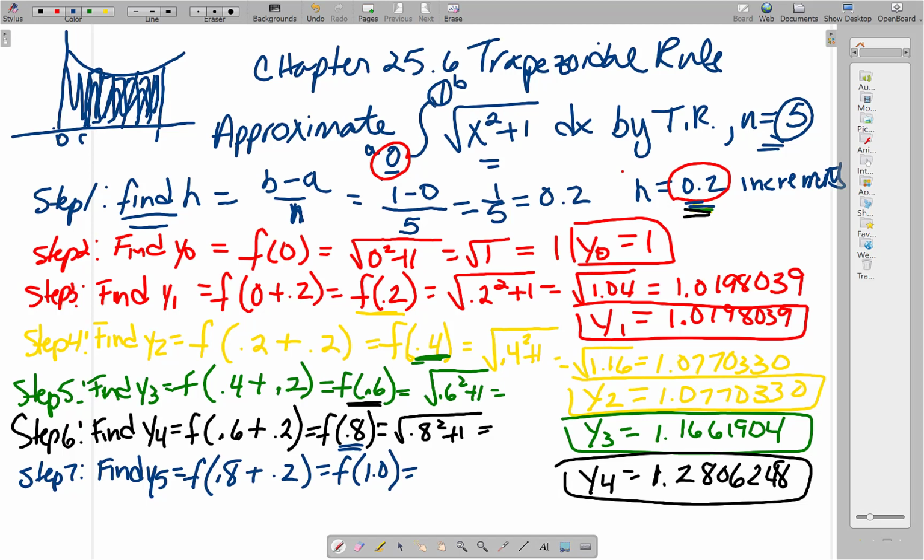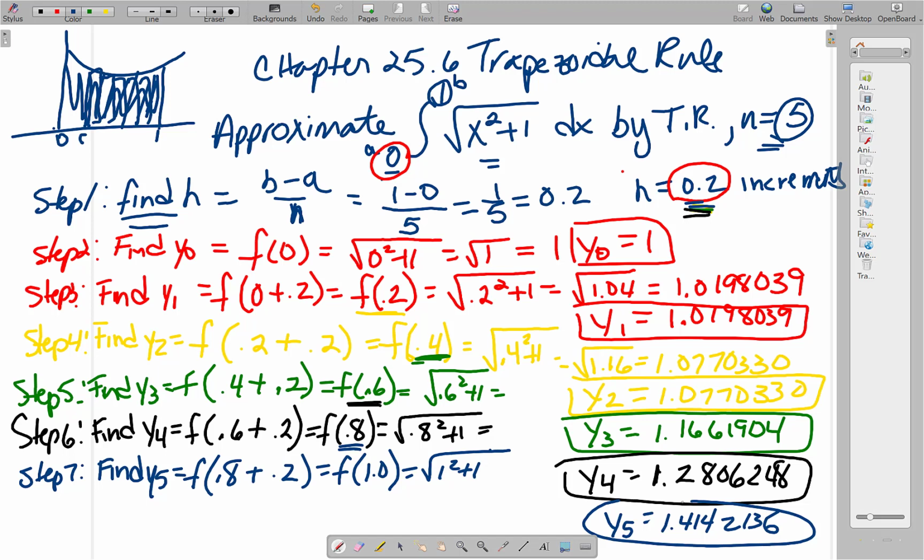So this will be the square root of 1 squared plus 1, and we get y5 is equal to the square root of 2, or 1.4142136. So now we have all our values that we need.